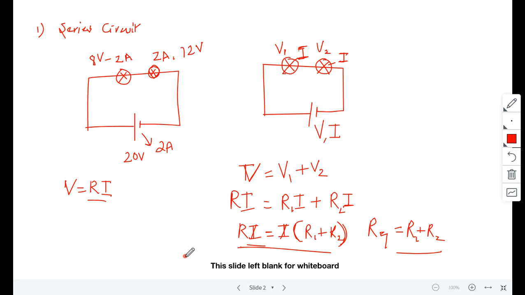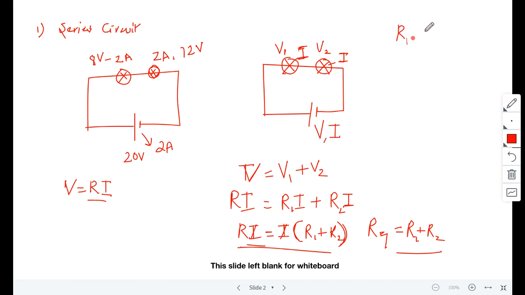Okay, written it down. Okay. Now solve this question. It's given that there are three components. They all are joined in a series circuit.